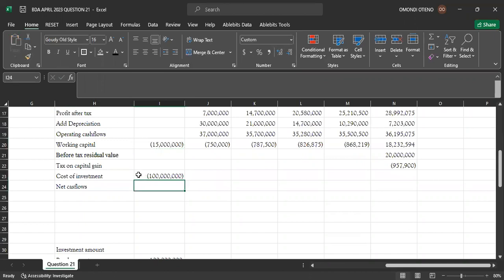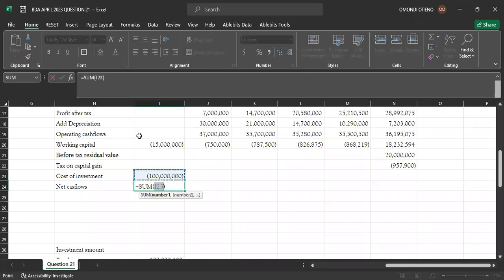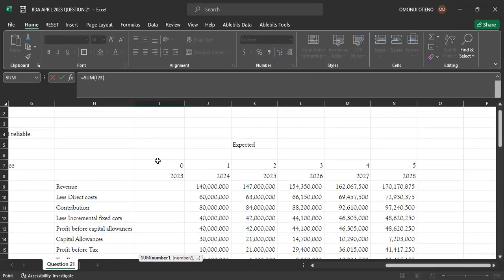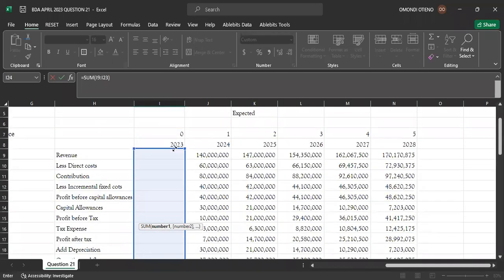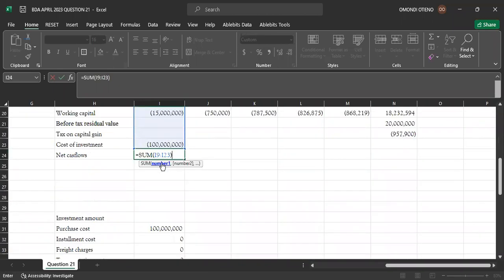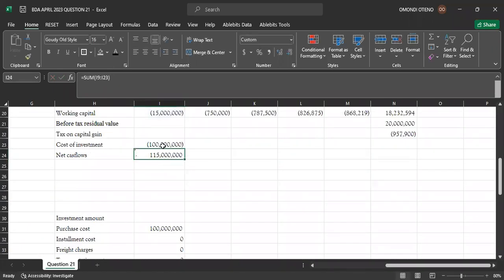My net cash flows will be equivalent to operating cash flows. Of course, there is nothing that I've inserted up here, but for this column here, you can just get the summation of all of them. All of this column here, you deal with it. If there's anything that you incurred at the beginning or at period 0, you get their summation there for you to get the initial outlay. So this is the initial outlay in period 0.